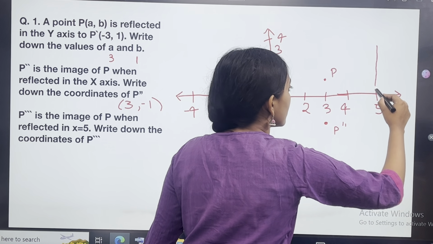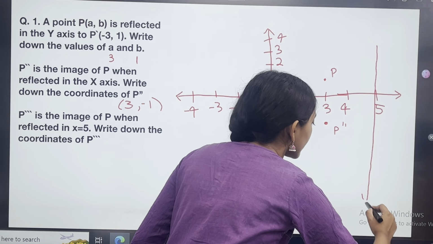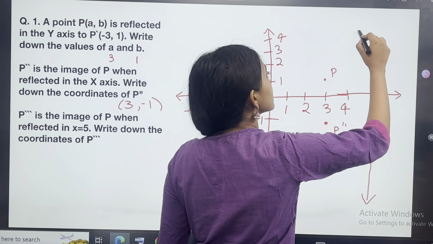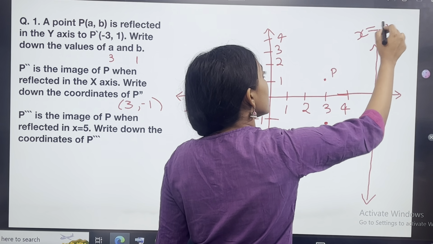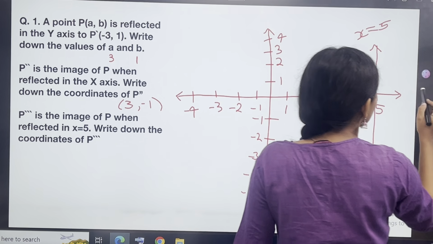So we are drawing an entire line like this. This line is called x is equal to 5. Please make a note.